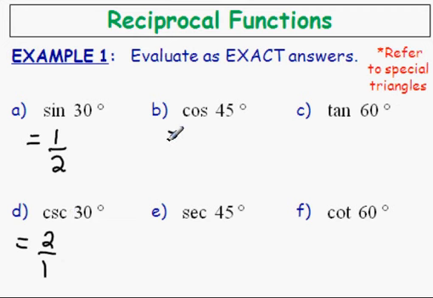If I have cos 45 from my special triangles, okay, that's going to be 1 over root 2, which means the reciprocal of cos, which is the secant, is going to be the reciprocal. So if cos 45 is 1 over root 2, secant of 45 is root 2 over 1.